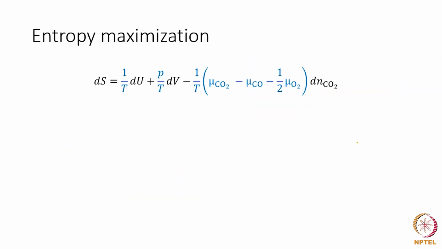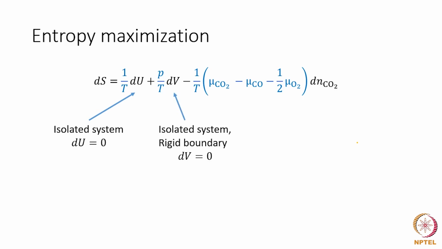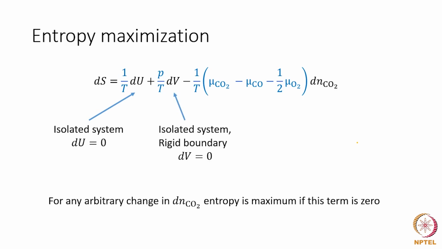So if we summarize, for an isolated system dU is 0 and it has a rigid boundary so dV is 0, and therefore the only way we can have dS going to 0 is when this quantity goes to 0. So this quantity that we have underlined must be 0.